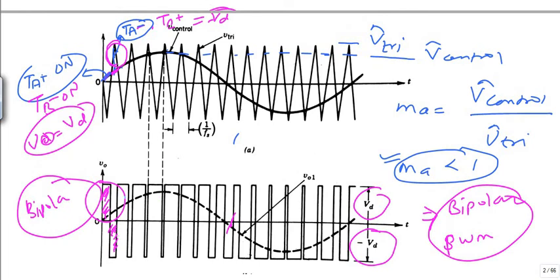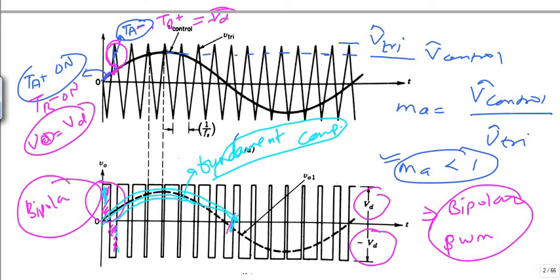Now see this dashed line. What is this dashed line? This is actually the fundamental component of output voltage. We can see here this amplitude. This amplitude is nothing but the average taken of all these positive and negative halves.